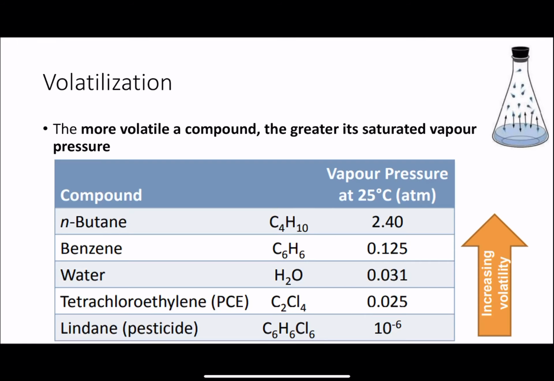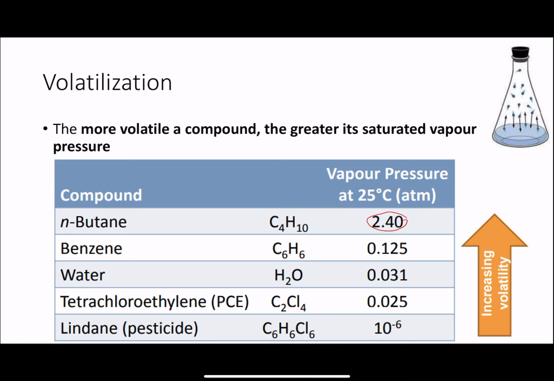Let's look at this slide. Of course, we would expect the more volatile compound to have the greater saturated vapor pressure. So let's see n-butane. The vapor pressure is 2.4 atmospheres. This has the highest volatility.